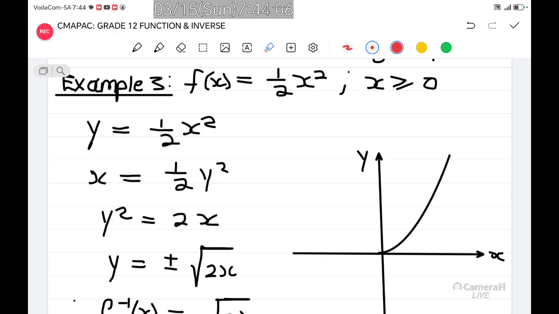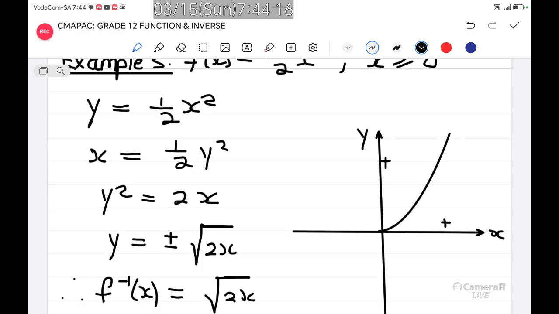So how do we draw the inverse? It's simple. Let's check. Here it was positive and here it was positive. It means the inverse must go positive, positive also. When we interchange positive and positive, there is no change.